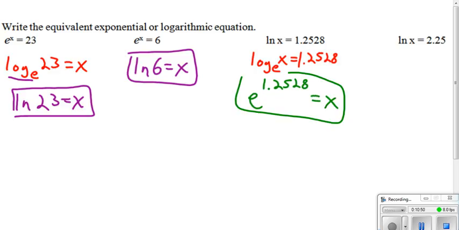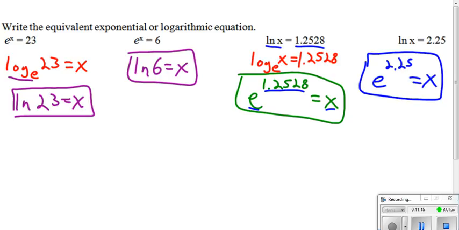So this is our exponential form that we're looking for. In this last one, notice how we went from ln x equals 2.25 to e to the 2.25 equals x. We'll do the same thing here. Cut out that middleman of doing this log power.